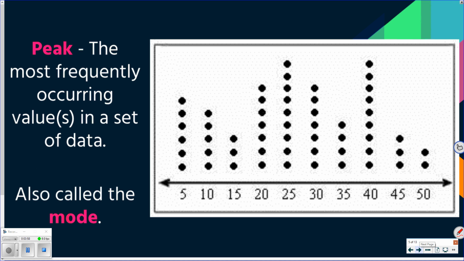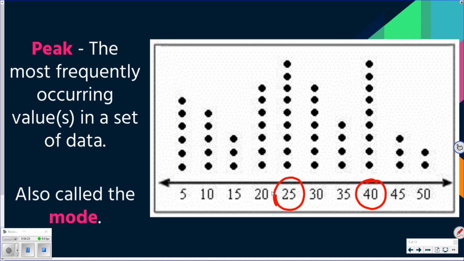Our next vocabulary word is peak. Peak is the number that most frequently occurs, or the most frequently occurring value. Sometimes there's only one. Sometimes there's more than one. In our set of data, the most frequently occurring value is a tie between 25 and 40, because both of those have more values than anything else.